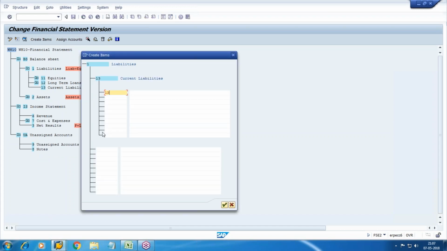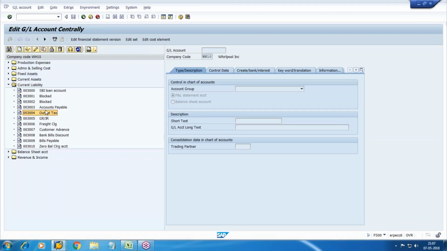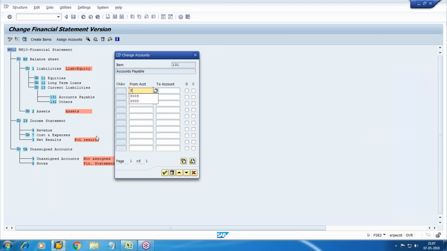Create items 131 accounts payable, others. Select assign account 3003.